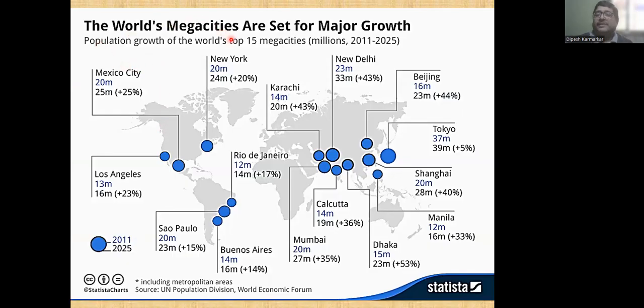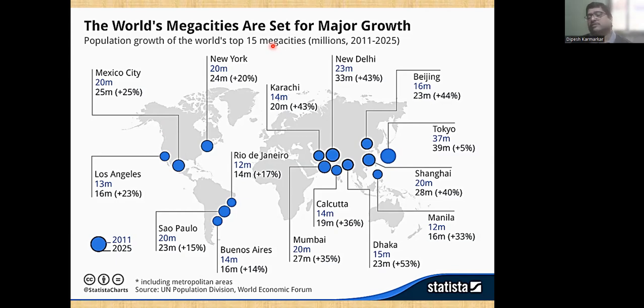These are the world's megacities currently, and also those megacities which are going to grow further in coming decades. So these are the world's top 15 megacities. Starting from the west, we have Los Angeles, Mexico City, Sao Paulo, Buenos Aires, Rio de Janeiro or New York. Then we have Mumbai, Calcutta, New Delhi. They are from India.